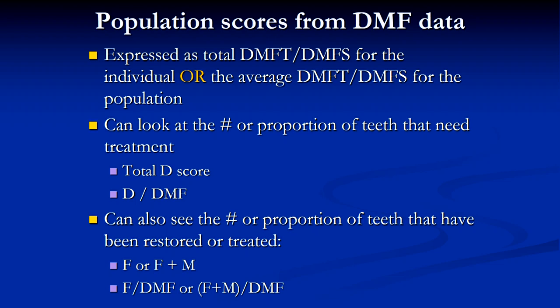We can also give the proportion of what's going on, what category that we're really interested in. So we can give the proportion of decayed compared to the total DMF scores. We could also look at the total count or the proportion of teeth that have been restored or treated. So we would either look at just the F category or the filled and the missing category combined. And then you would divide it by the DMF score, the total amount, the count there.